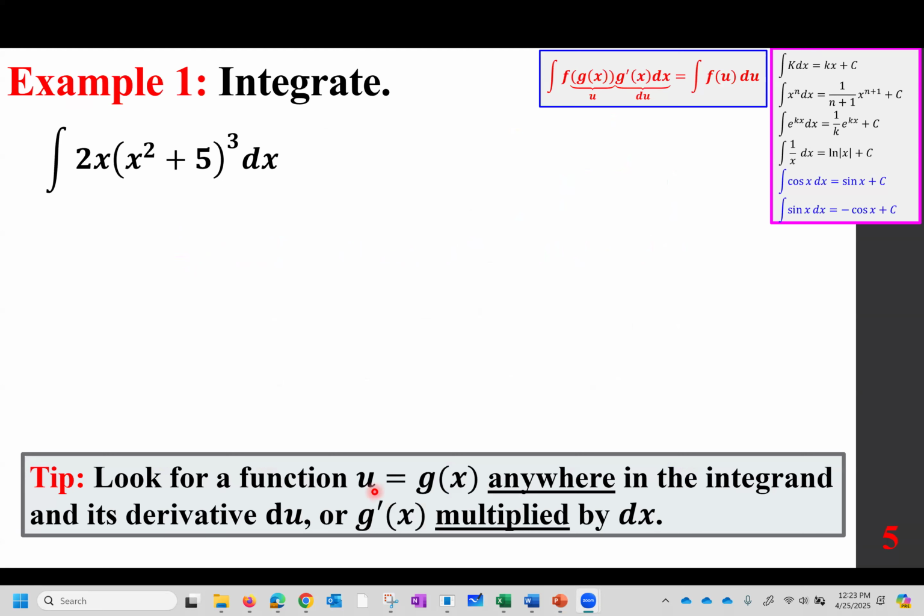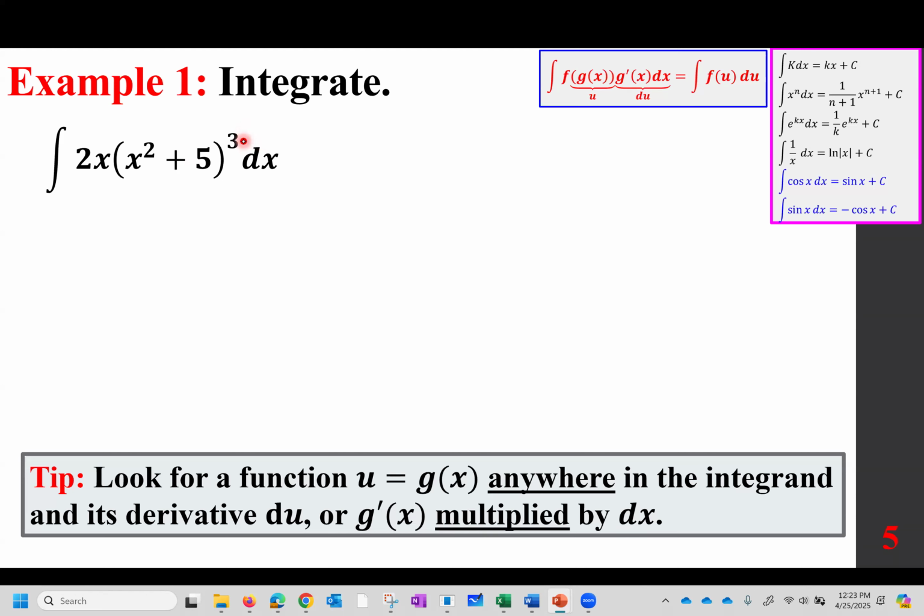Look for a function u equals g of x anywhere here in the integrand, and its derivative du, or g prime of x, multiplied by dx. So a couple of things I want to mention here. Number one, you could raise this to the power of 3 and avoid substitution, but what if this one is like 300? Then you can't do that. So I want to go with the substitution for practice, number one.